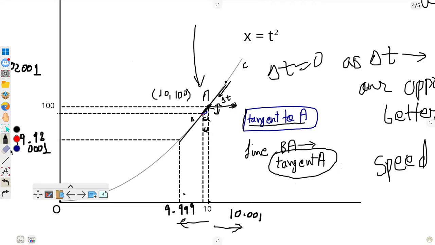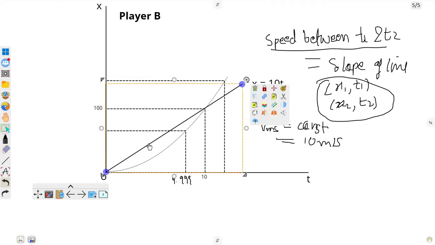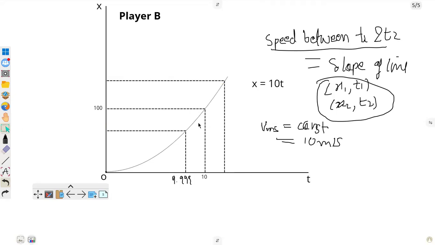Wait, it's very messy. Let us look at this graph, and let me just delete this line. Let us look at this graph.